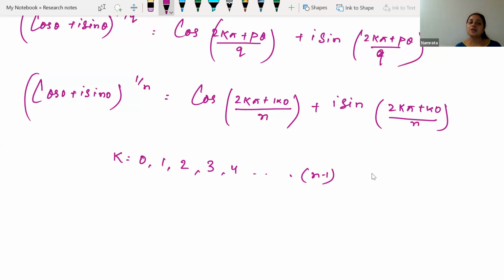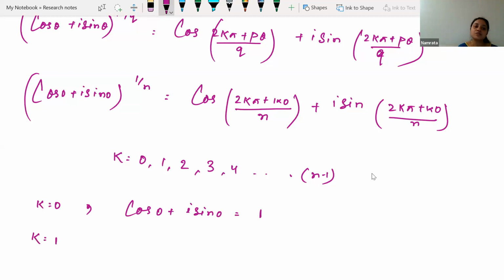For just understanding, when k is equal to 0, it will become cos 0 plus i sin 0, right? Yes, ma'am. Cos 0 is 1 and i sin 0 is 0, so it's 1 only.